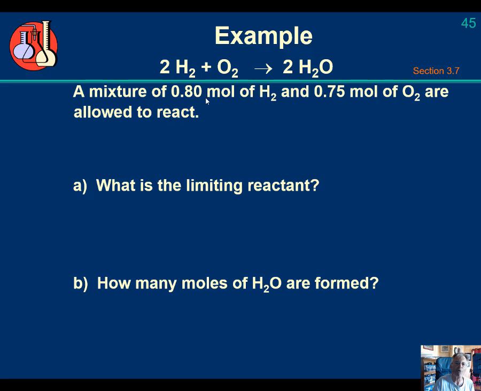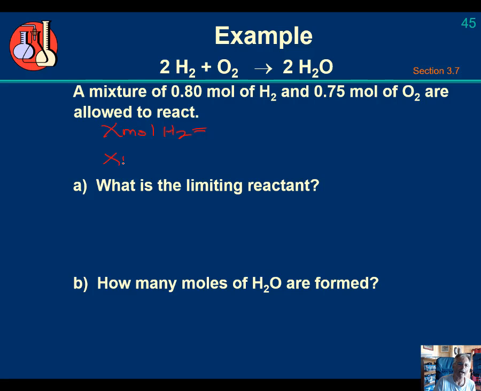A mixture of 0.80 moles of H2 and 0.75 moles of O2 are allowed to react. Which one is the limiting reactant? Well, we're going to use my method here. So we've got X moles of H2, and we're in moles, so we don't have to worry about converting grams to moles.